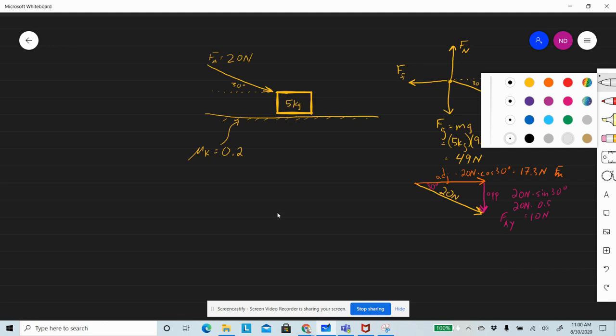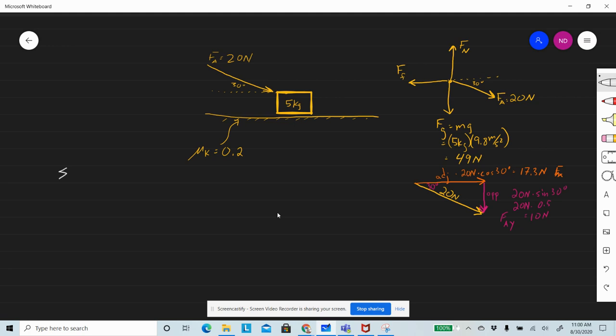So here we go. We have to find the force of friction, which is in the horizontal direction. So the sum of the forces in the x direction equals ma. The applied force in the x direction plus the force of friction equals ma.